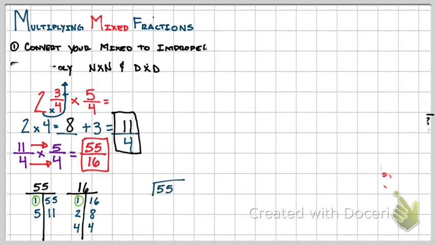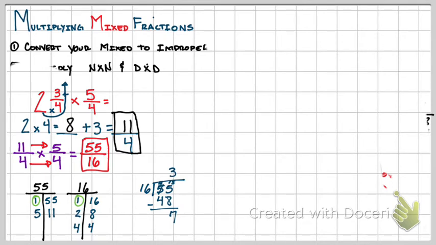I'm going to divide top by bottom: 55 divided by 16. How many times does 16 go into 55? 16 went into 55 3 times, and 3 times 16 gave me 48.